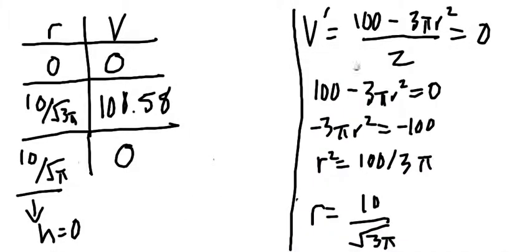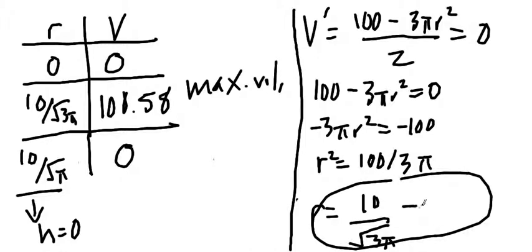And it turns out, too, that this is the maximum volume, and this happens when the radius is equal to this. It turns out that similar to what we had going on in class, the height is also equal to this quantity when we reach this maximum volume. So, okay, great. Fantastic. That's the answer to this problem.